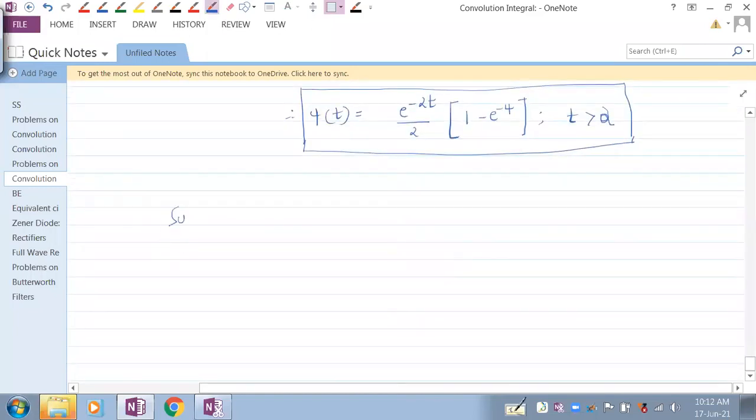Summary of the result. y of t is equal to 0 for t less than 0.